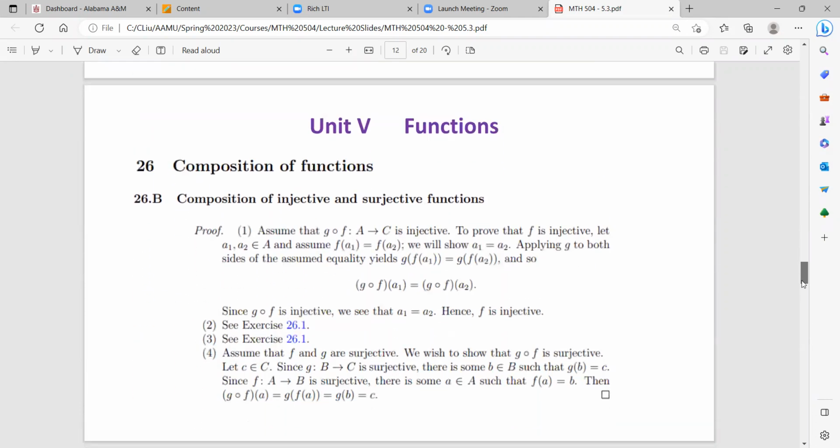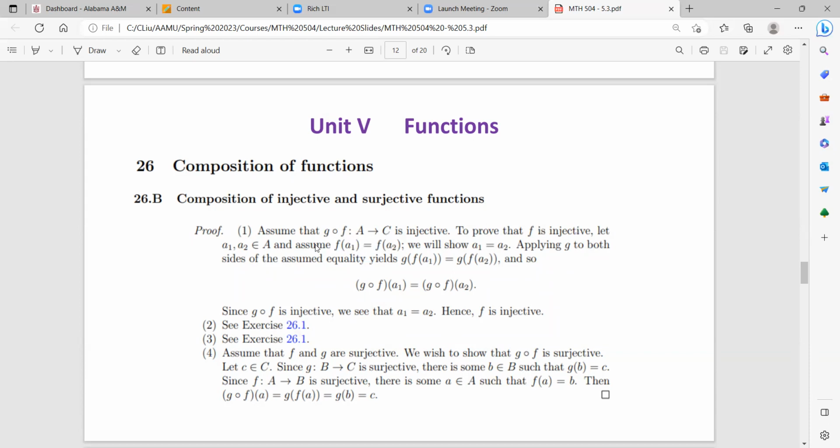Okay. So what do you do? Typically you just pick two elements in set A, in the domain, and assume the two function values are the same. Then you have to show a1 and a2 are the same. We need to show f is injective.